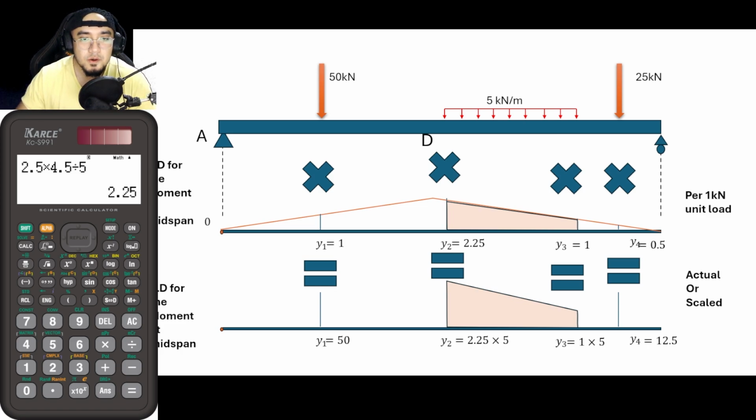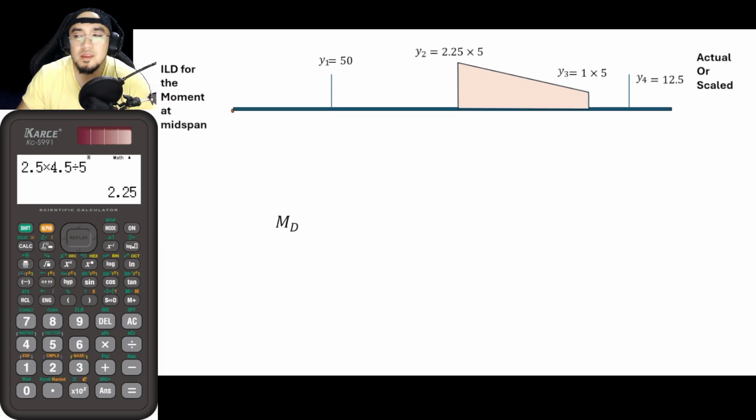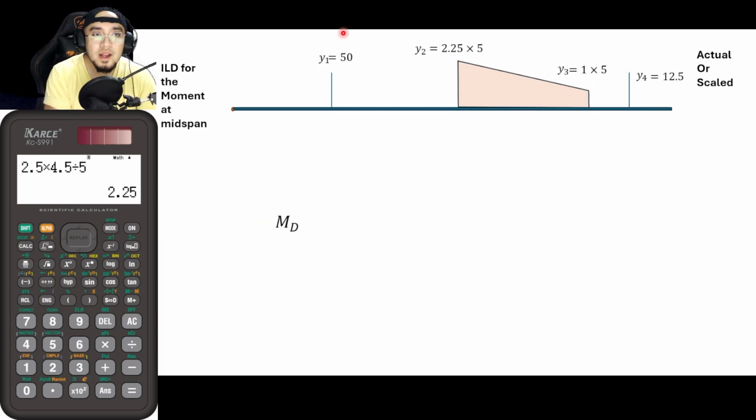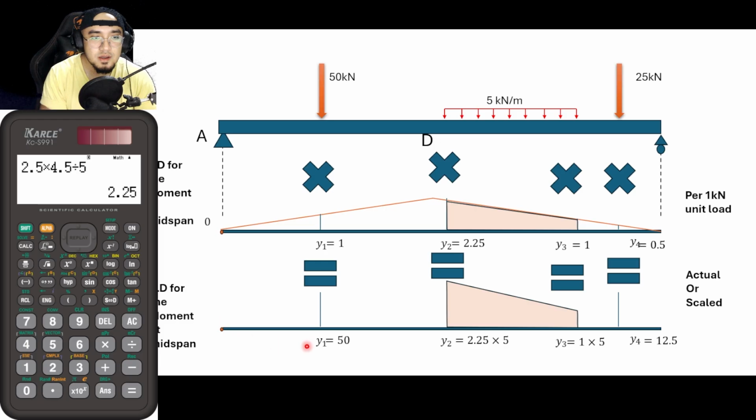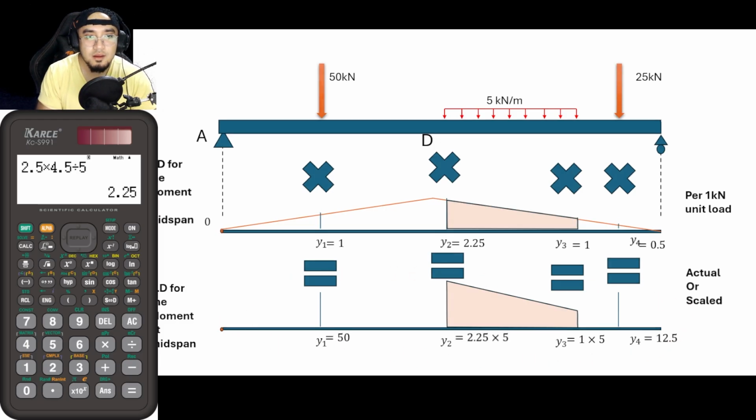Okay. So from this result, guys, let me just put this at the top. So in order for us to get the moment at D, again, this one right here at the top is already scaled. So again, from the previous slide, it was this scaled ILD here.